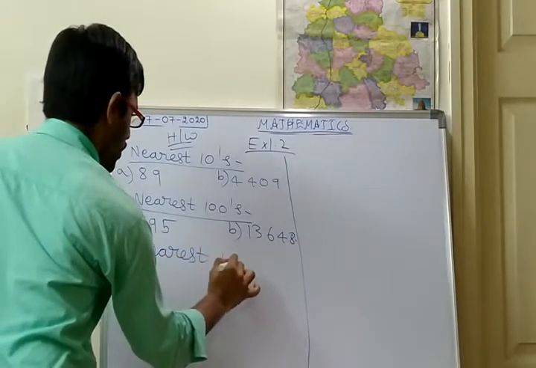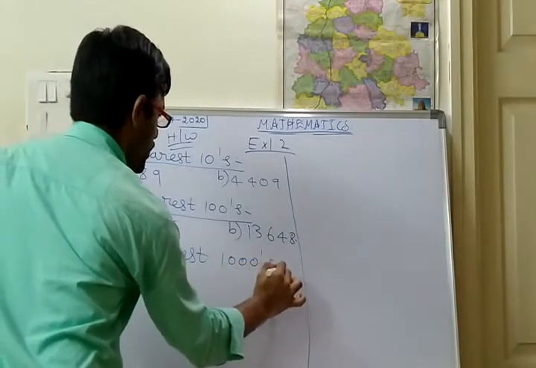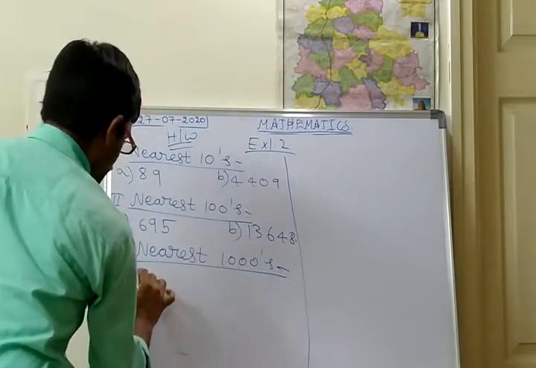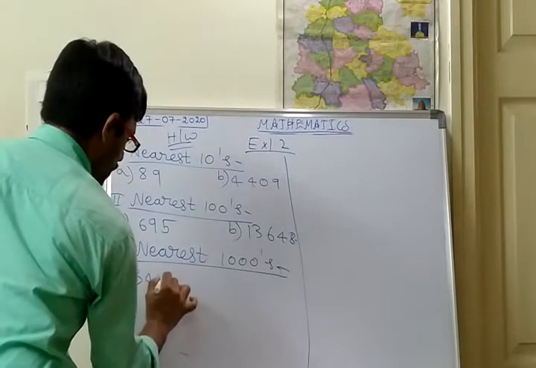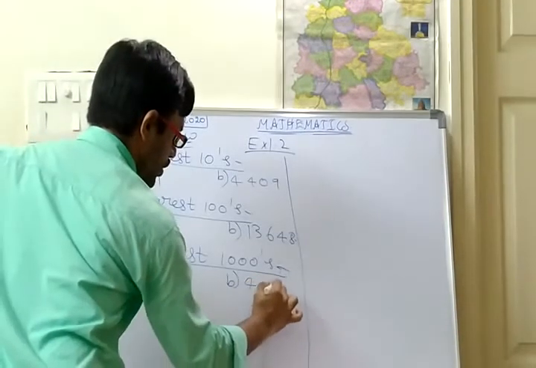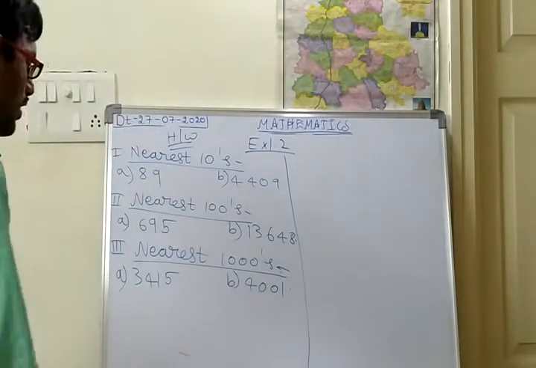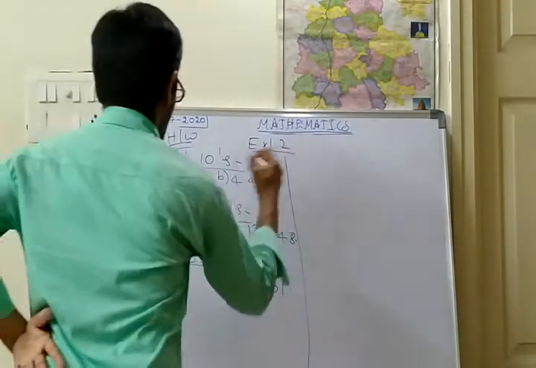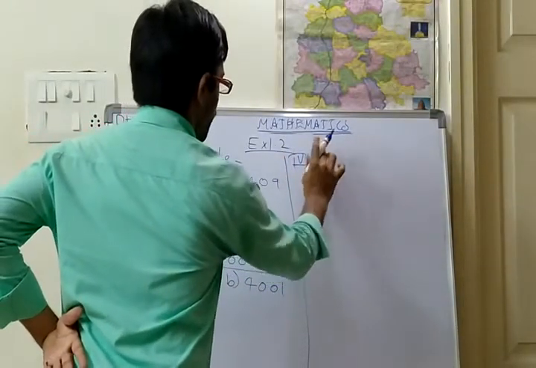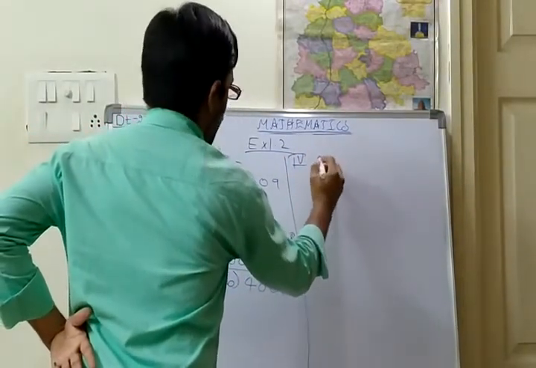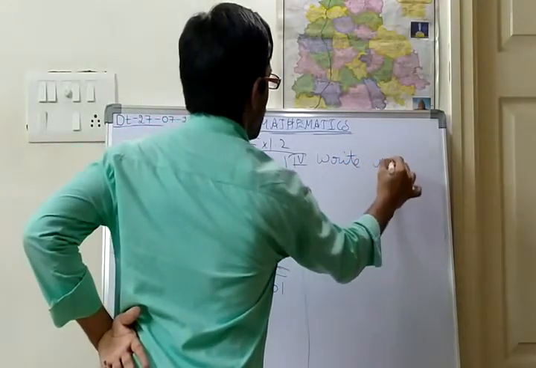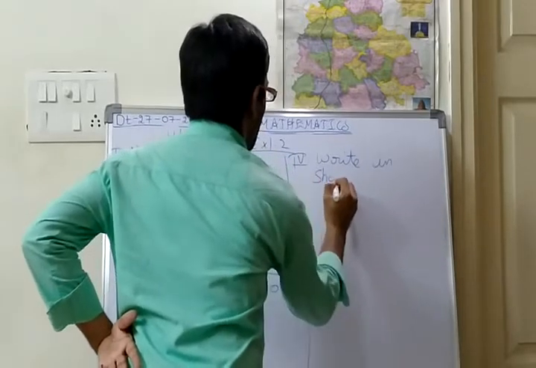In this, the first one is 3415, and the second one is 4001. So these are the three: nearest tens, hundreds, thousands. Next, fourth bit is write in short form.